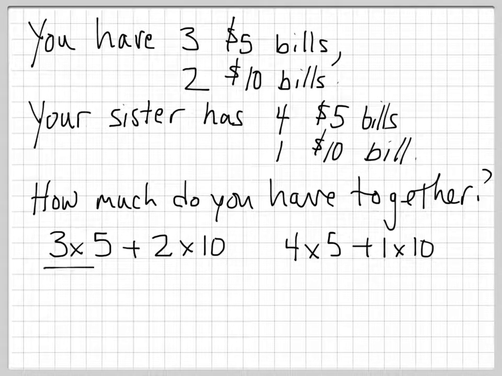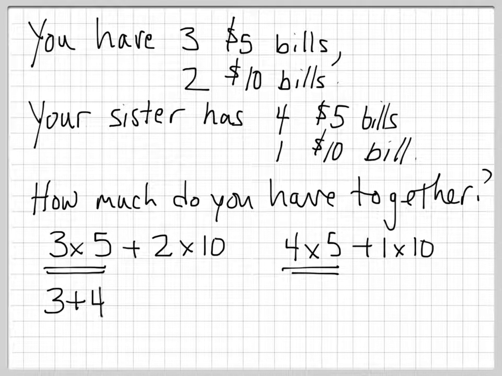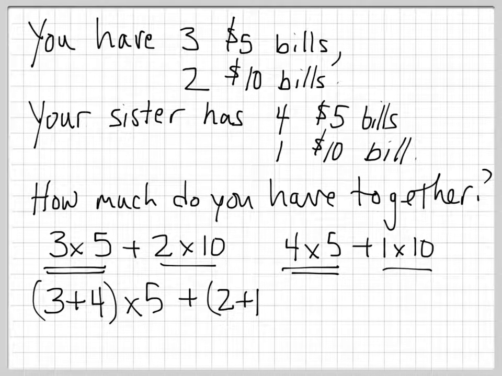But if you write the 3 $5 bills and the 4 $5 bills together, you really have 3 plus 4 $5 bills between you, and 2 plus 1 $10 bills between you, right?